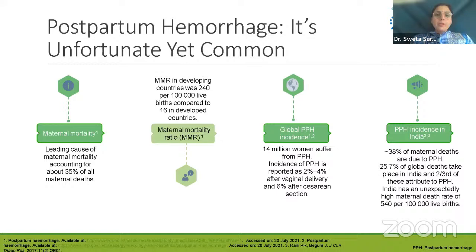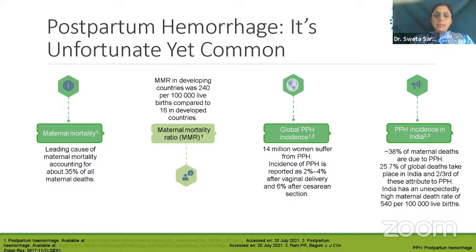It's unfortunate, yet it's very common. As we can see, PPH is the leading cause of maternal mortality, accounting for about 35% of all maternal deaths. MMR in developing countries was 240 per 1,000 live births compared to 16 in developed countries.